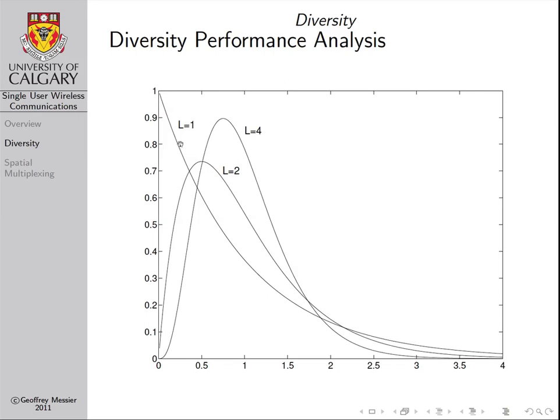So the change from L equals 1 to L equals 2 was quite dramatic. The change from 2 to 4, also dramatic, but not quite as much. Why is this important? It's important because diversity has a cost.